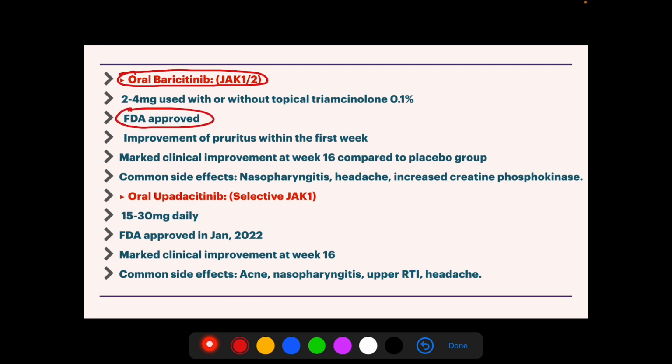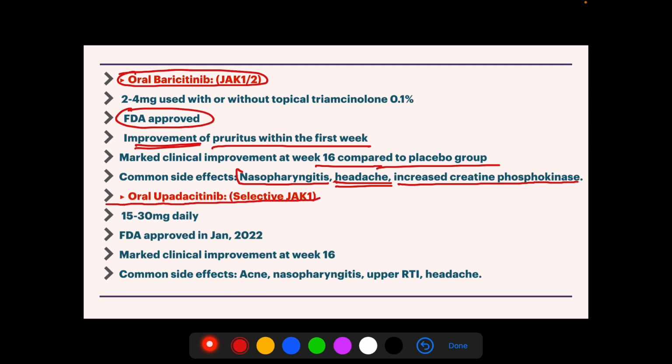This is an FDA approved drug. Improvement of pruritus within the first week is noticed, with marked clinical improvement at 16 weeks compared to the placebo group. Common side effects are nasopharyngitis, headache, and increased creatine phosphokinase.